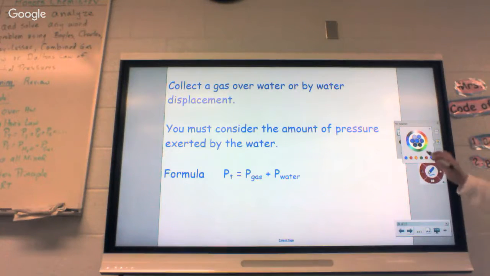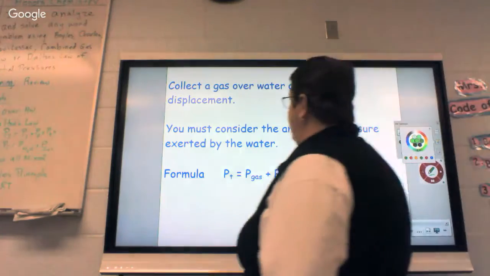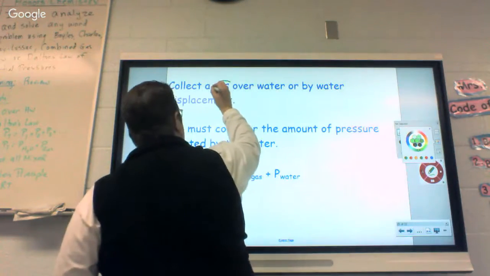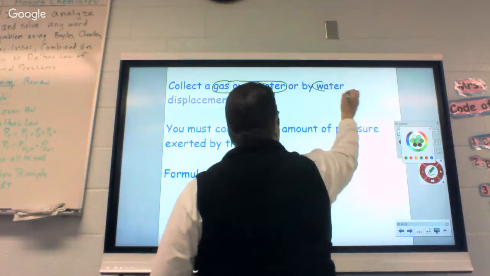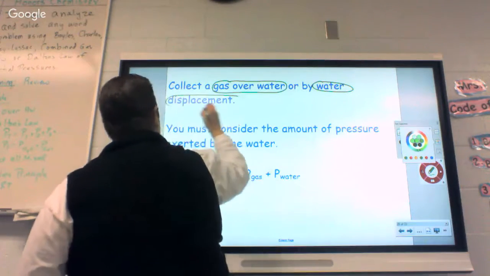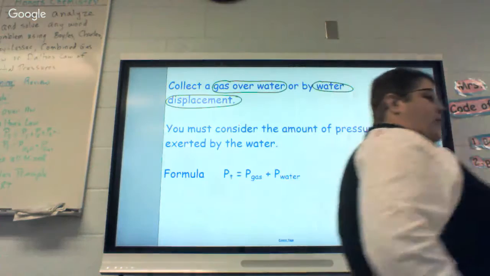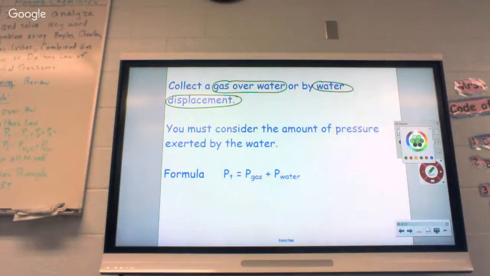All right, we will only use this formula if the word problem says gas collected over water or by water displacement. If the word problem does not talk about collecting a gas over water or by water displacement, we will not use this formula we're getting ready to use.